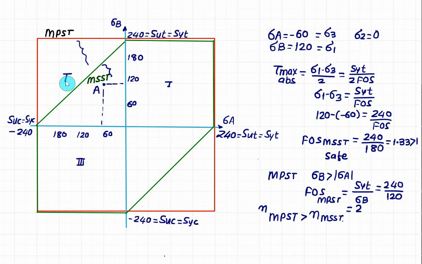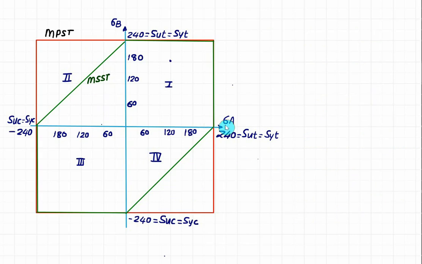Only the problem arises in quadrant 2 and quadrant 4. There it really matters: if you are here, the part is safe according to maximum principal stress theory, but the part will fail by maximum shear stress theory. But if you are inside this region, the part is safe by both theories, but the factor of safety according to maximum shear stress theory will be less, and for maximum principal stress theory it will be the higher value.